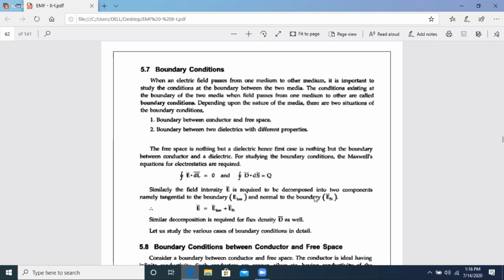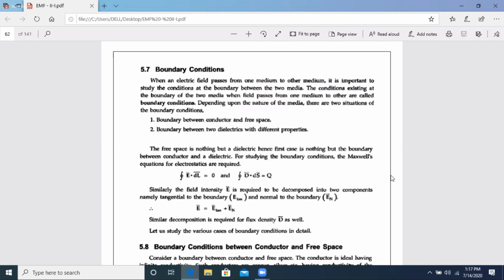Now, imagine we have an electric field hitting the boundary at an angle. So you have your boundary and you have your electric field hitting the boundary at an angle. The first thing we want to do is what?